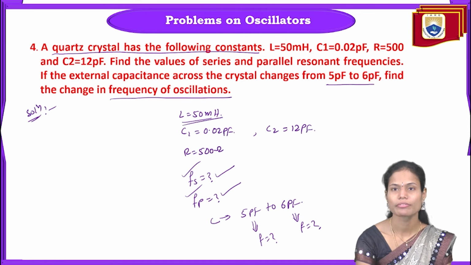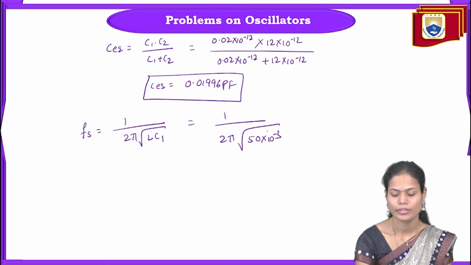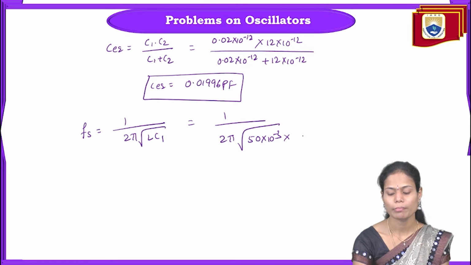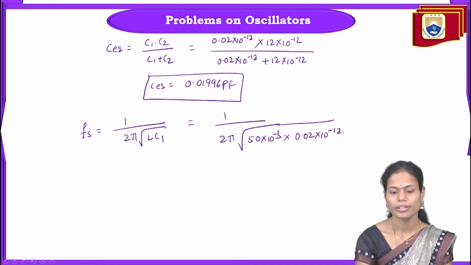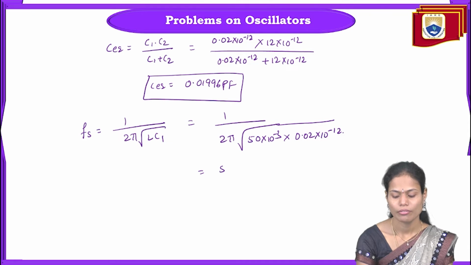It is given 50 millihenries into the C1 capacitance is 0.02 picofarads. So if we simplify it, we will get the series resonant frequency 5.0329 megahertz.